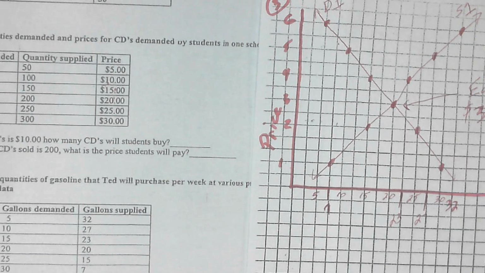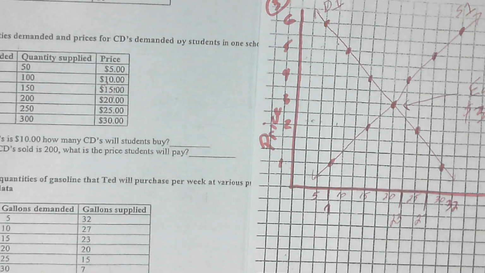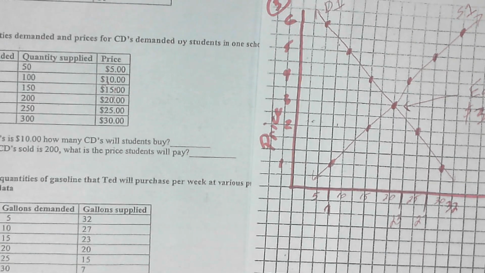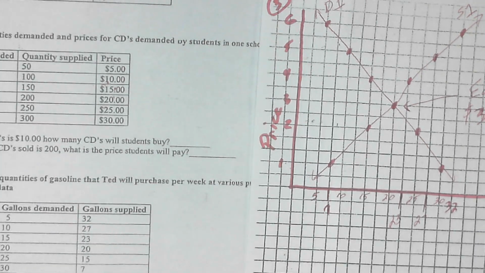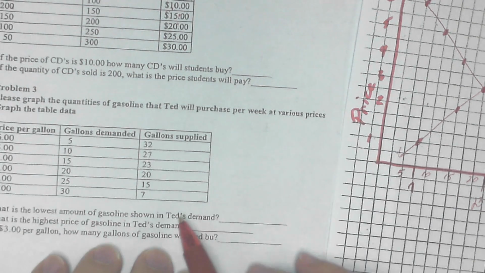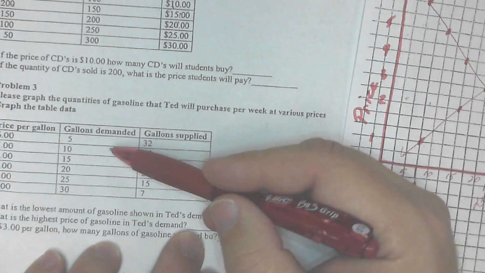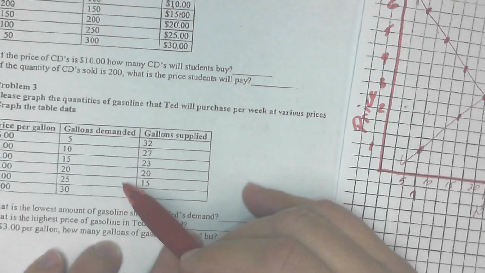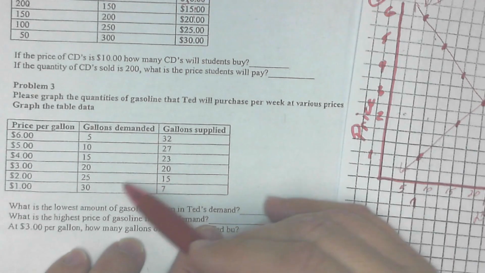So on this one, what's the lowest amount of gas shown on demand? We got this question down here below. I didn't answer the questions for CDs. So the lowest amount of demand is, look at your demand chart.